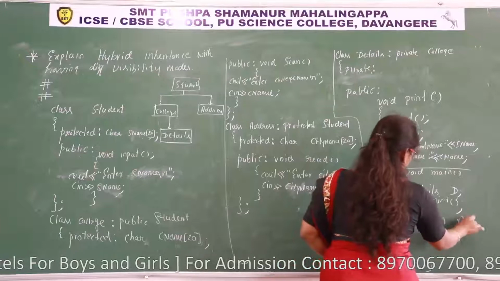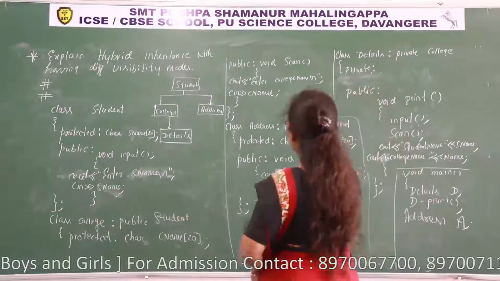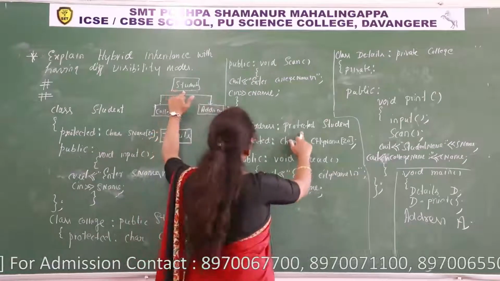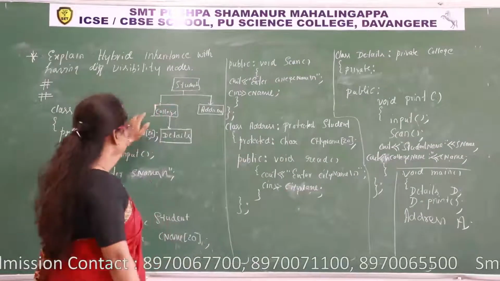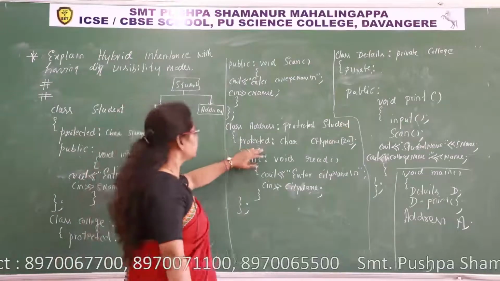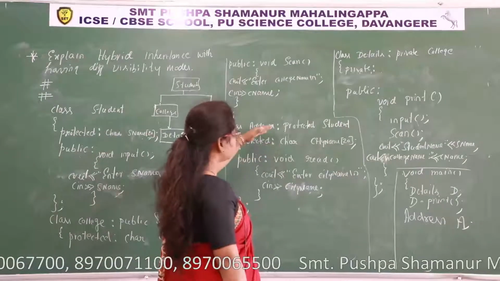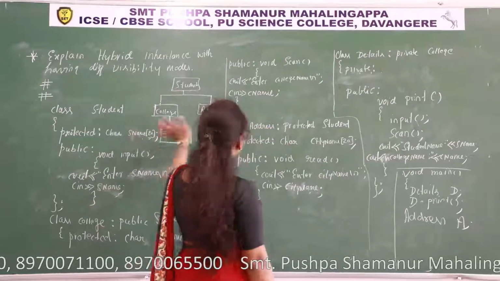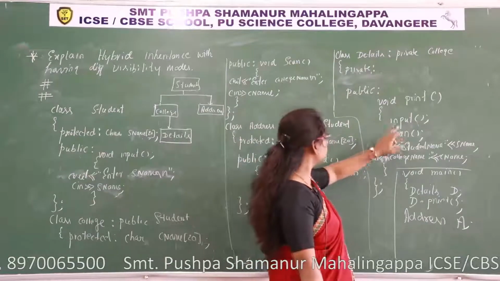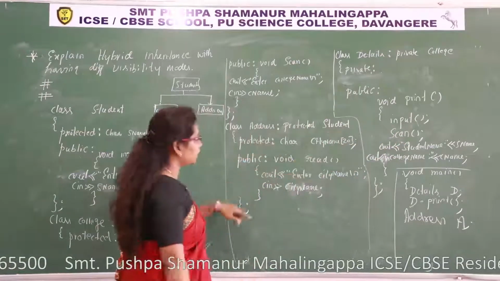Address, I'll take A. This is the address class and it is derived from class student in protected mode of inheritance. The protected members of class student will be inherited to the protected section of the derived class. So the protected section of the address class has student name and city name. I have already taken student name here, so I can display only city name.